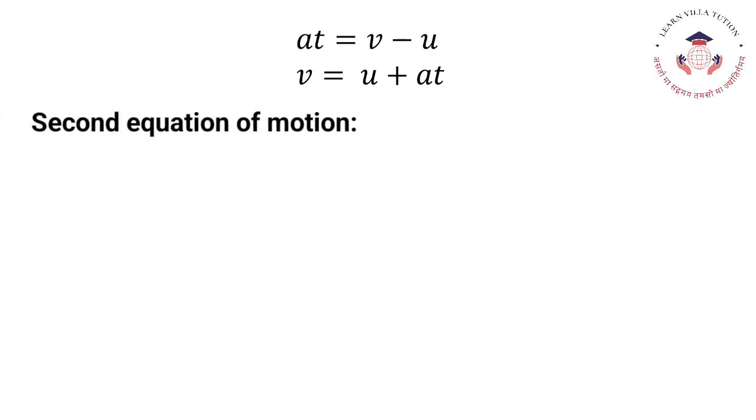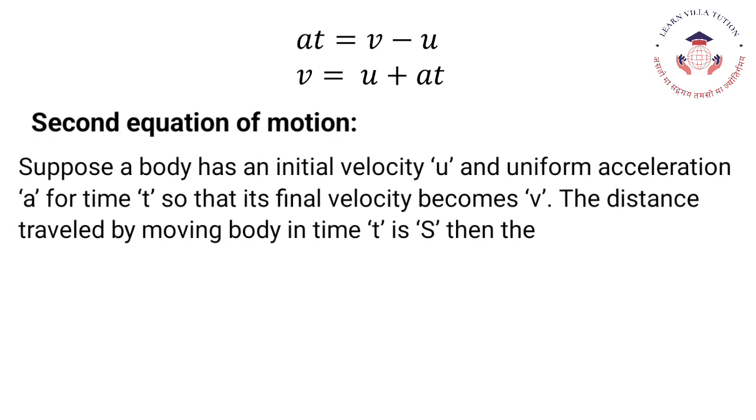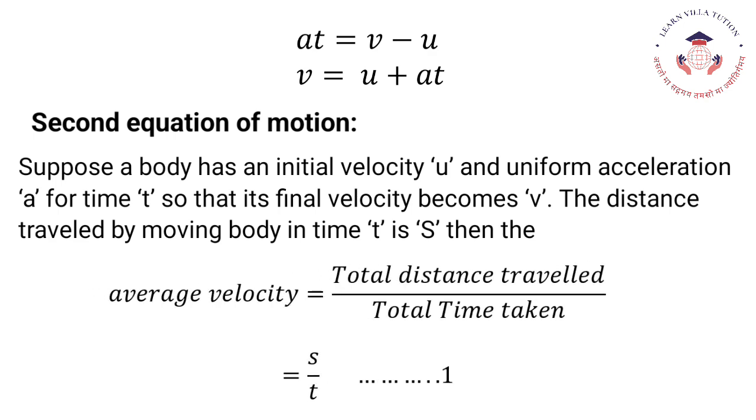Second equation of motion. Suppose a body has an initial velocity u and uniform acceleration a for time t, so that its final velocity becomes v. The distance traveled by the moving body in time t is s. Then the average velocity is equal to total distance traveled divided by total time taken.